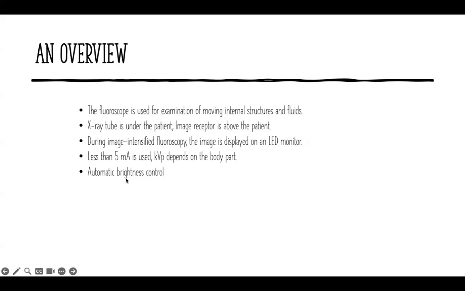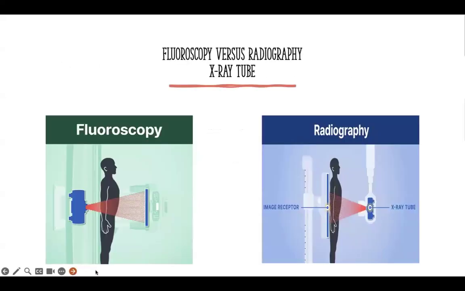And then it has automatic brightness control, to help us visualize those structures. It's called ABC, or automatic brightness control, and we'll talk about that a little bit later toward the end.